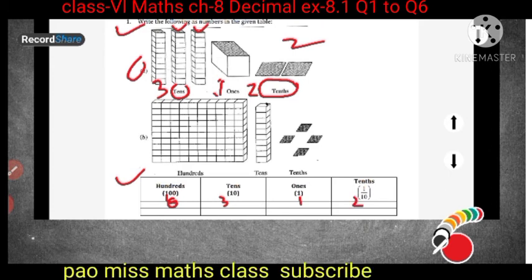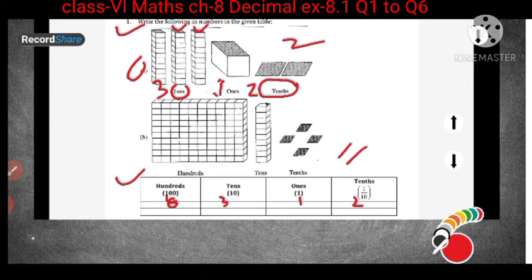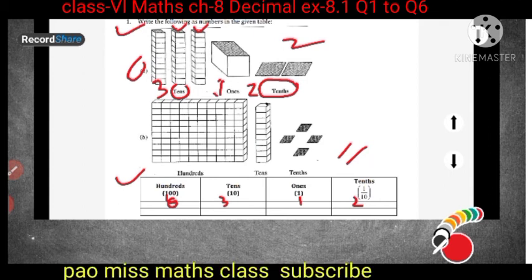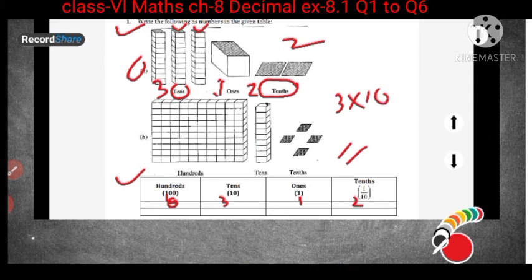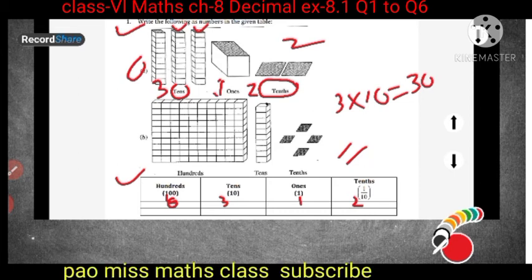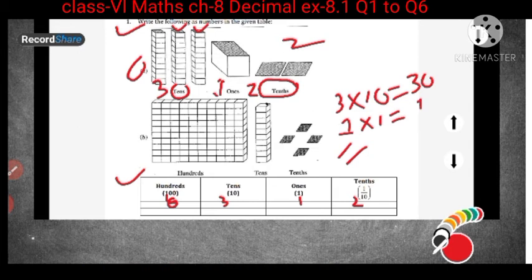Now our question asks just to put the value in the place value system, but if I say to write this as a number, then how will you write? 2 into 10, that means 20. Then ones, 1 is there, so it will be 1.